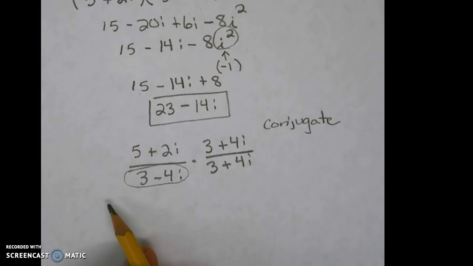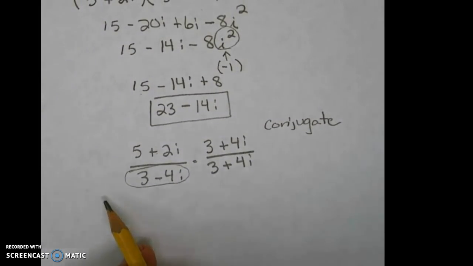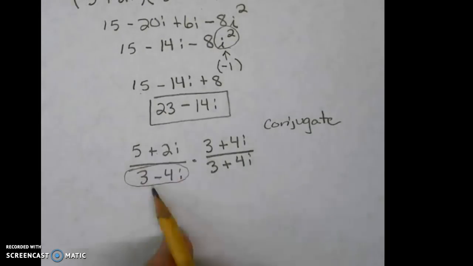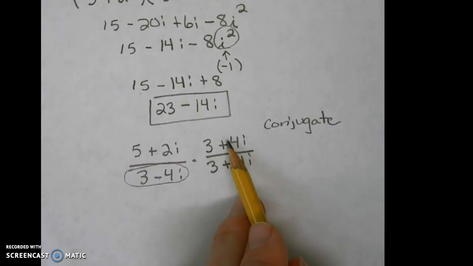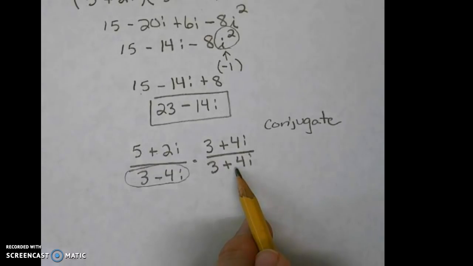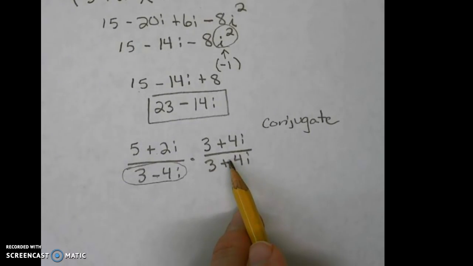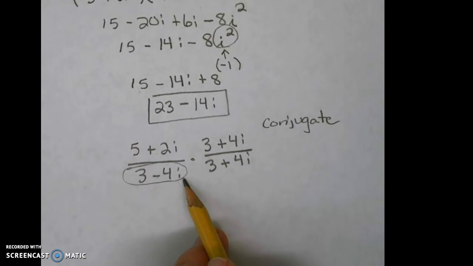Now we're really not doing anything to this fraction because anything divided by itself is 1. So we're multiplying by 1. We're just changing the format. We don't want to have an imaginary part in the denominator. That's the point here.